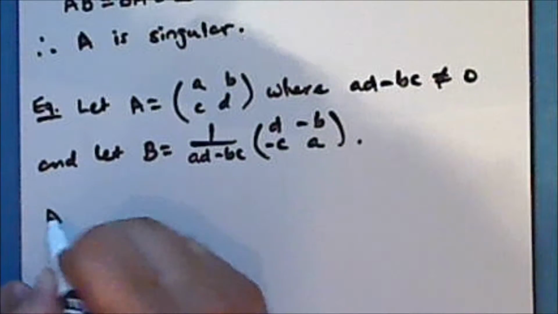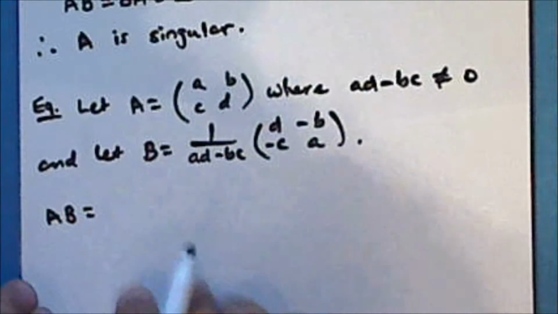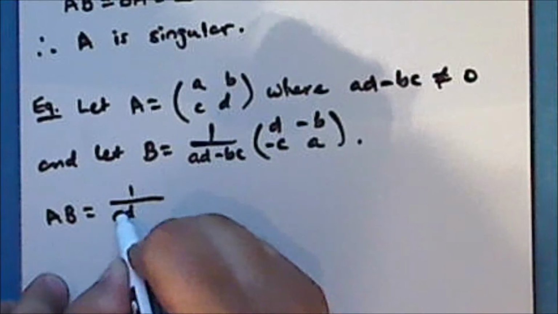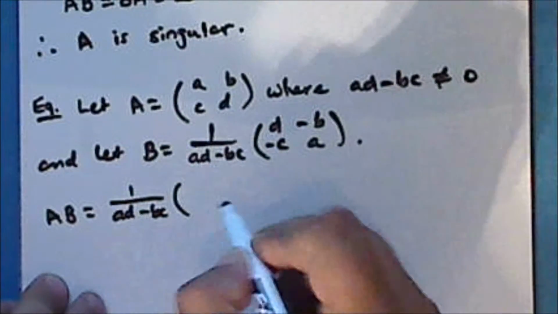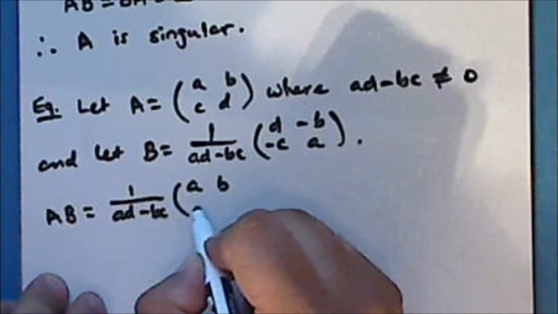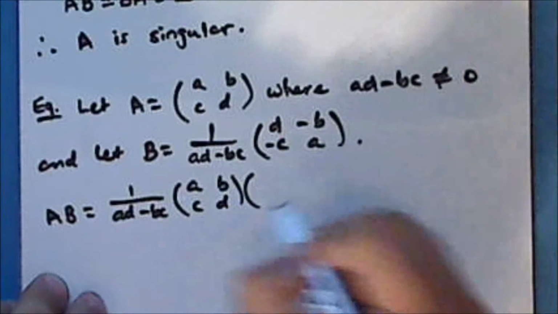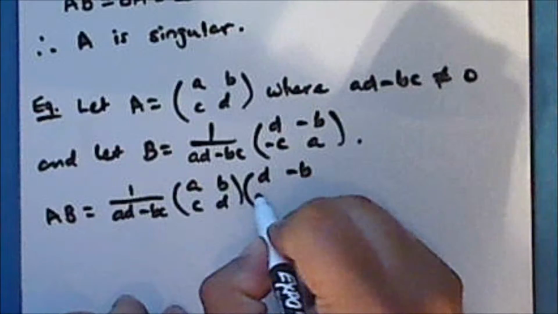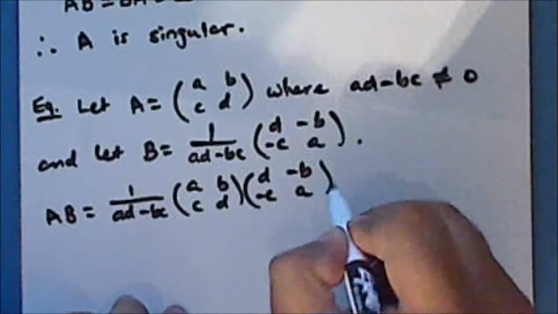So first we compute the product A times B, and this is 1 over a times d minus b times c, times the matrix A times the matrix with rows d, negative b, negative c, a.